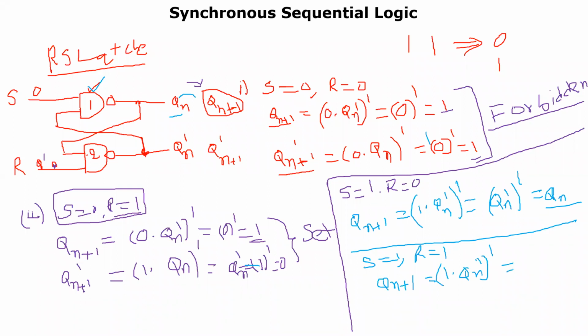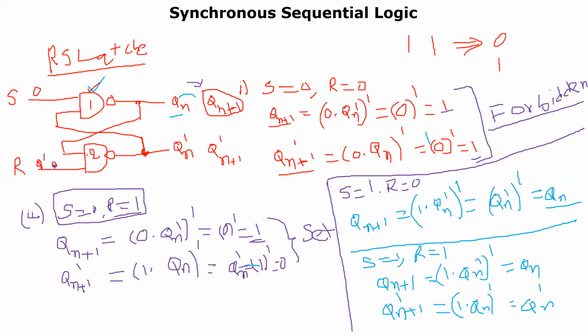Similarly, here also we got Qn. And Qn plus 1 complement also should be taken into consideration here. Qn plus 1 whole complement will be equal to, again, 1 into Qn whole complement, that will be equal to Qn complement. In this way, you can calculate.